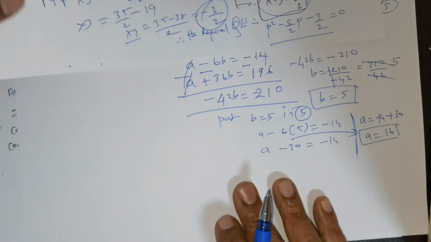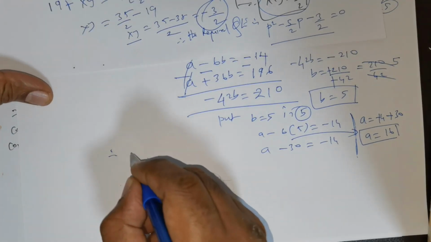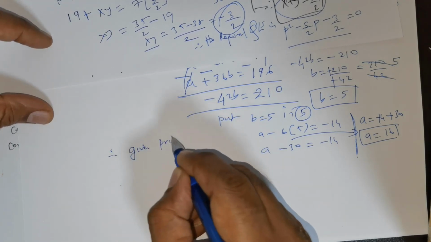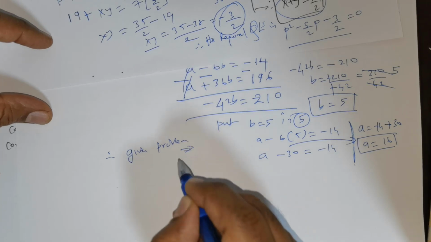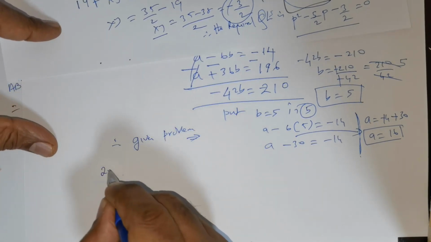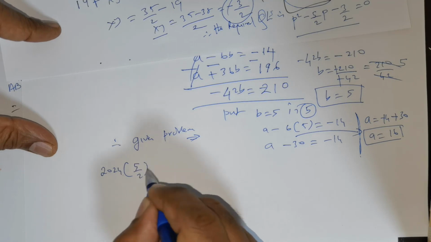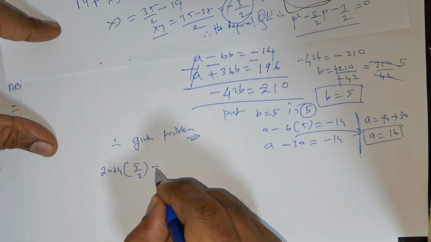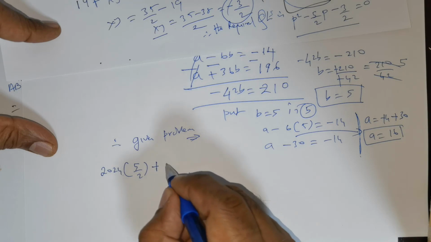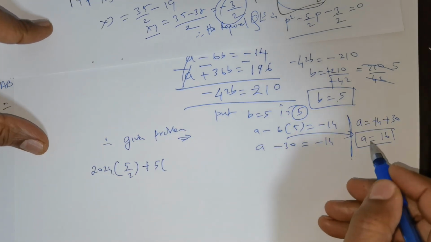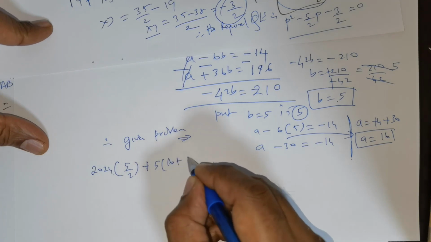So substitute. The given problem becomes 2024 times x plus y, that's 5 over 2, followed by 5 times a plus b. My a is 16, my b is 5.